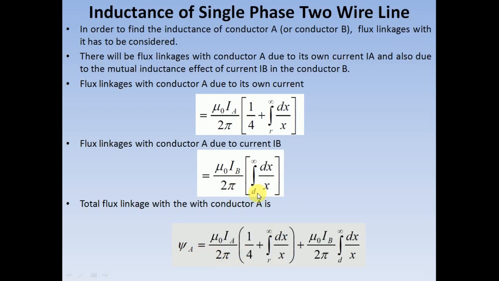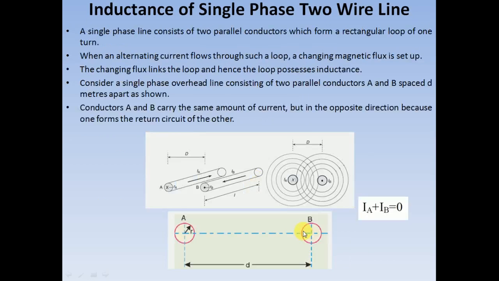Now all of you might have thought, in the case of the external flux linkage due to conductor B, how did this term D come here? Usually in finding the external flux linkage, the limits of integral were from R to infinity. But in the case of external flux linkage due to the current flowing through conductor B, the integral limit is from D to infinity. The answer is, whenever current is flowing through conductor B, external flux will occur all around this conductor from R to infinity.